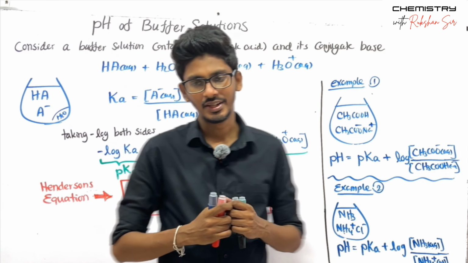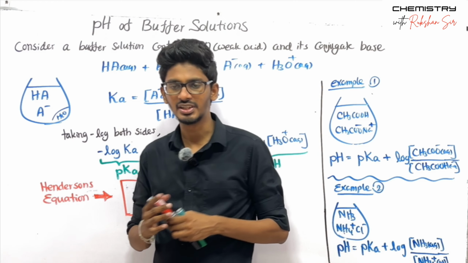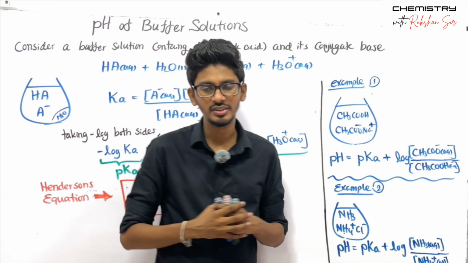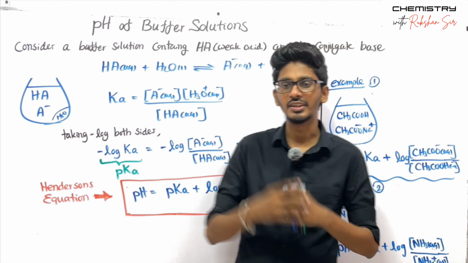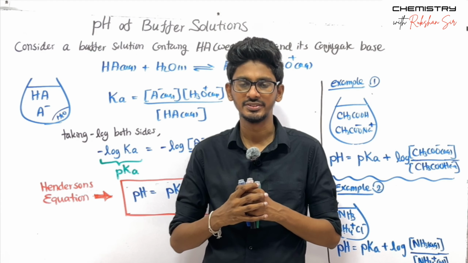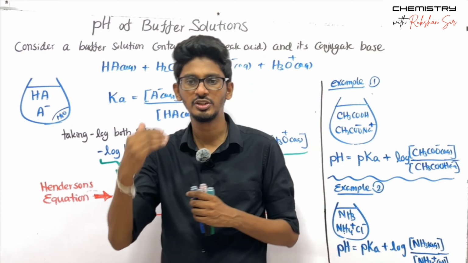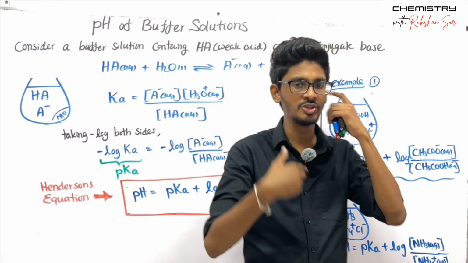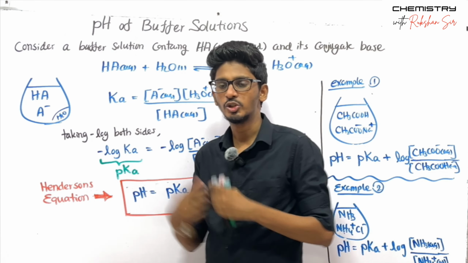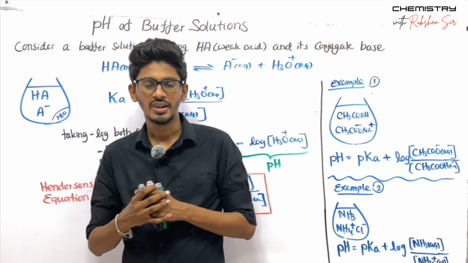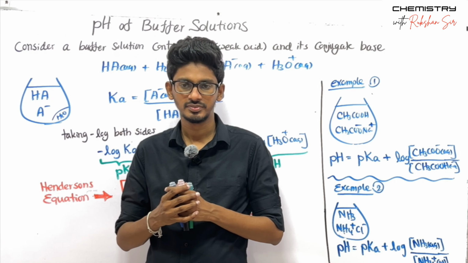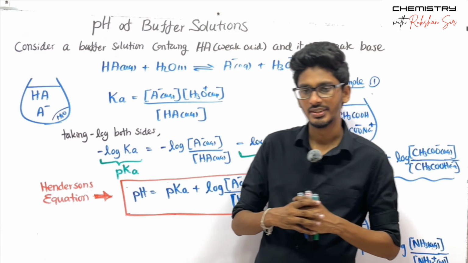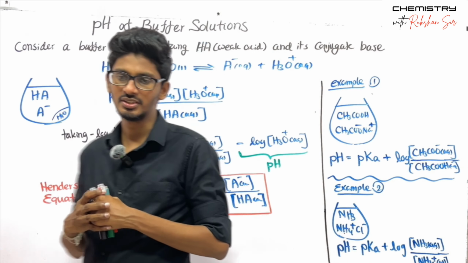After doing many experiments, the scientists observed that the ratio between the conjugate pair, the HA and the A minus, or CH3COOH and CH3COO minus, or NH3 and NH4 plus, should not exceed 1 to 10 to show the buffer action properly. That was the experimental observation with buffer solutions.